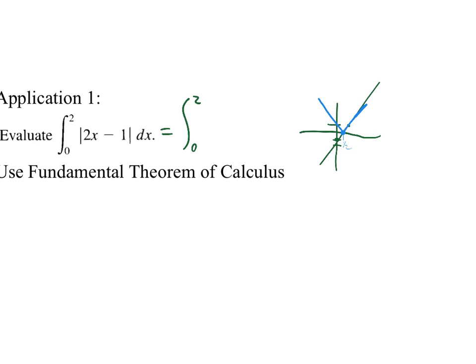Okay, so when I'm doing the piecewise function here, it's going to be the line 2x minus 1, but only after I hit x equals 1/2. It's going to be negative 2x plus 1 when x has yet to reach 1/2.